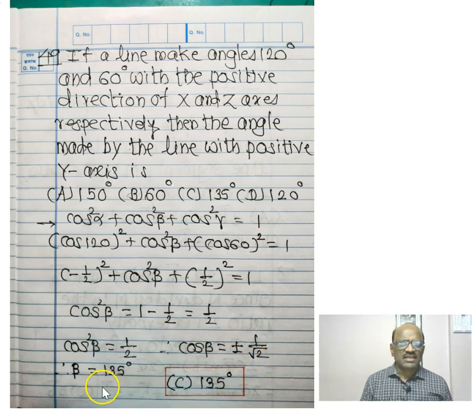Its angle is 135, and hence option C is correct. The value must be 1 by root 2, and the angle is 90 plus 45. Hence beta equals 135, so option C is the correct one.